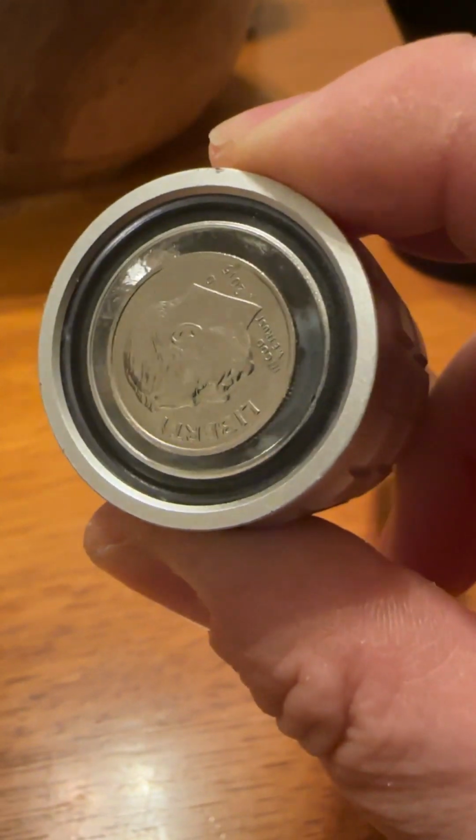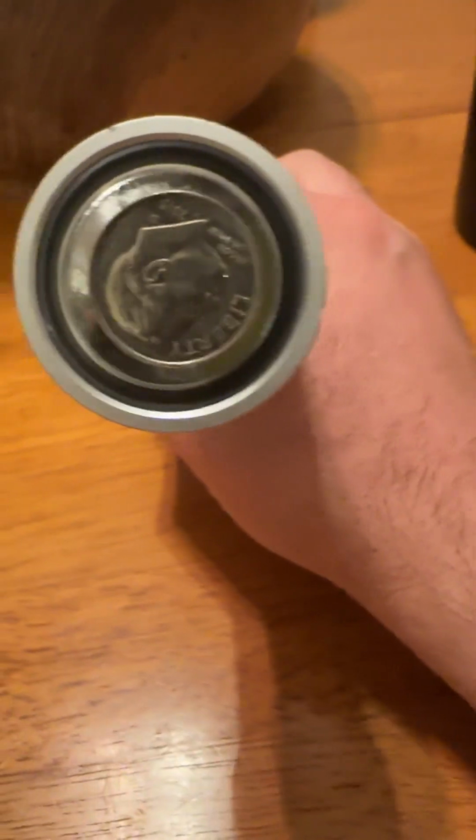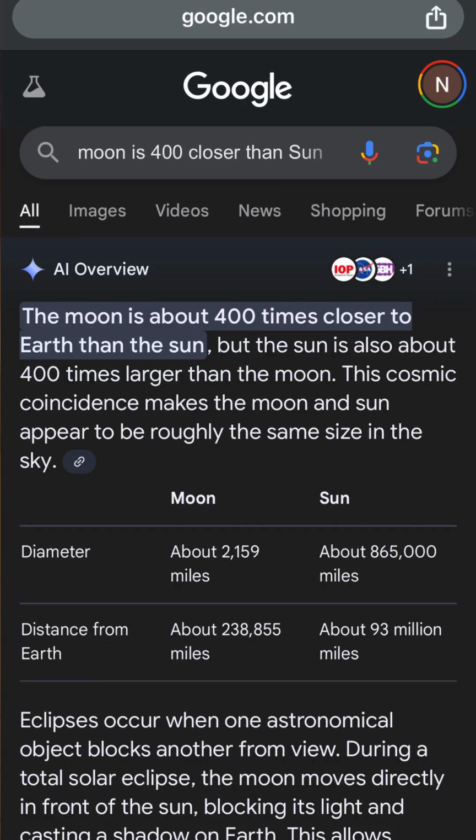Because you have to keep in mind that the moon is actually bigger than, or the sun is bigger than the moon. Even though they say the moon is 400 times smaller, but 400 times closer, it's not exactly 400. The moon is still slightly bigger. Or the sun is still slightly bigger.